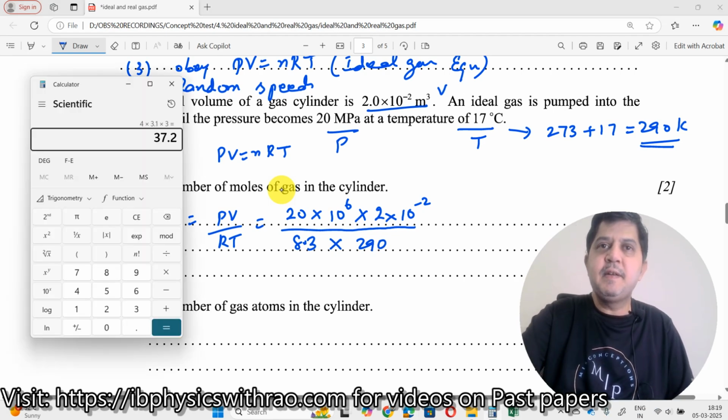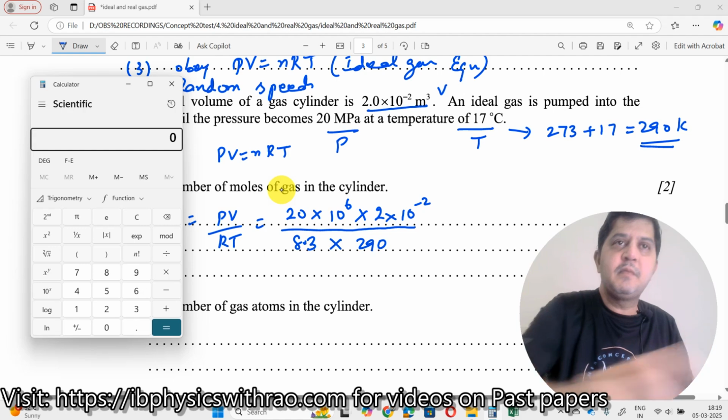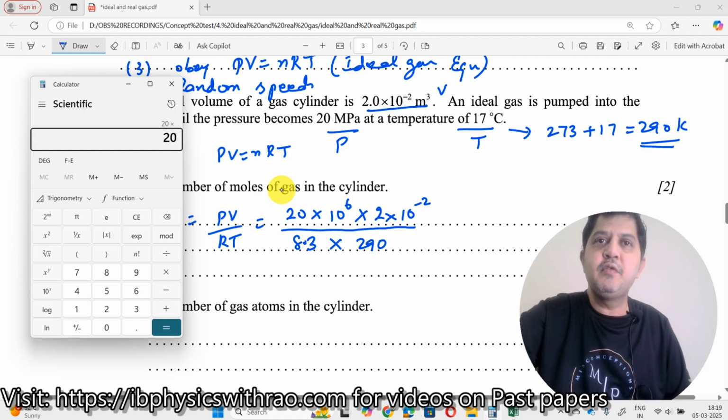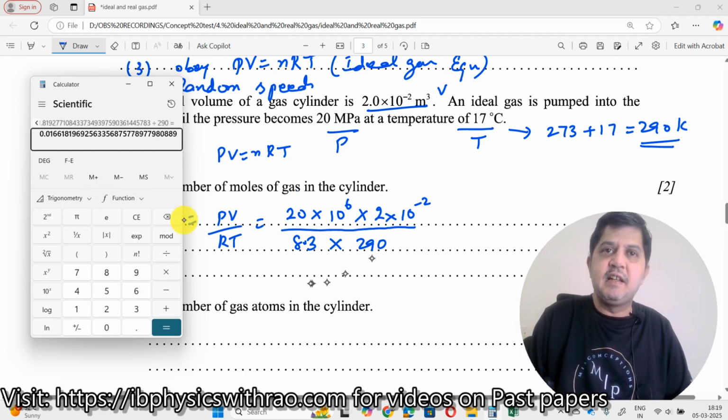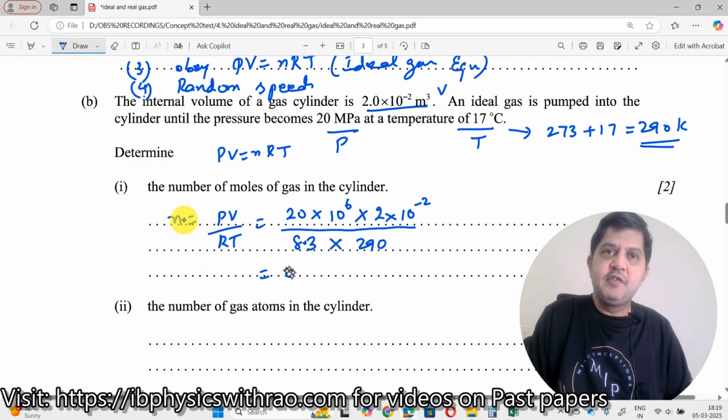So it should be 20 into 2 is equal to 40, divided by 8.3 is equal to so much, divided by 290 is equal to 0.0166. I write down this first. 0.0166 multiplied by, there's a 10 power 6, there's a 10 power minus 2 here.